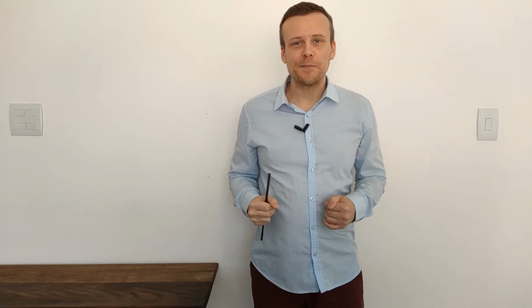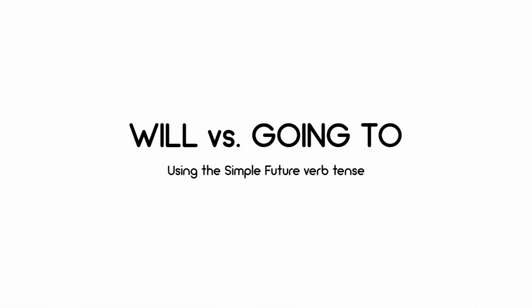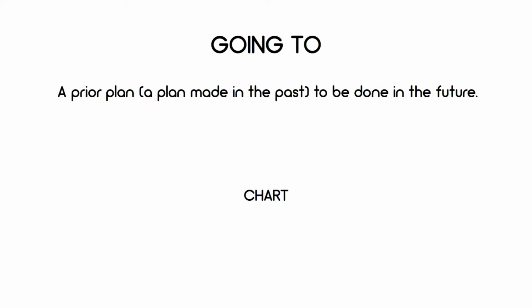Let's look at the differences between will and going to using the simple future. First, will expresses willingness at the moment to do something in the near future. Going to represents a prior plan that we made in the past for the future.